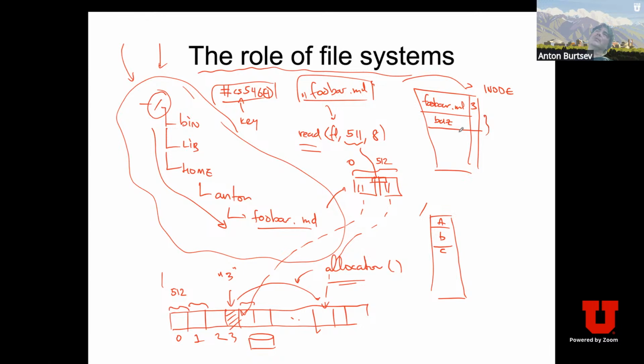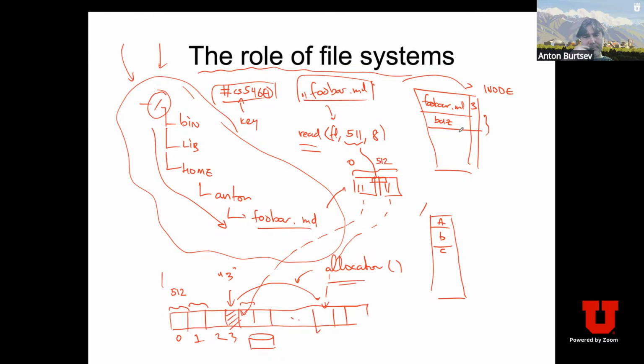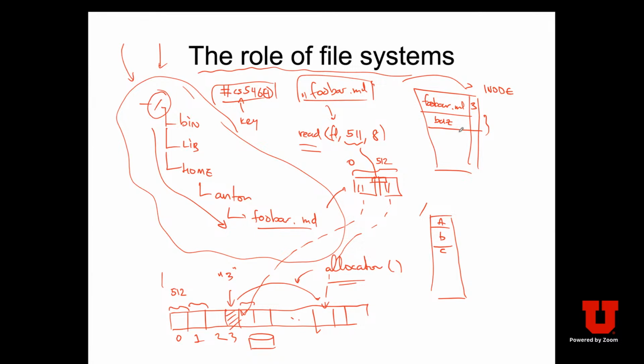But maybe I'll give you a hint related to performance. Do we need to do something in a file system which may optimize performance of accesses? Have indexes or a table of files... No, you're right.